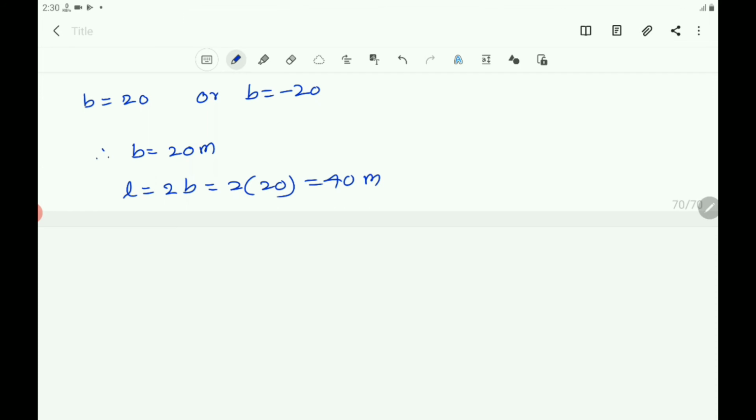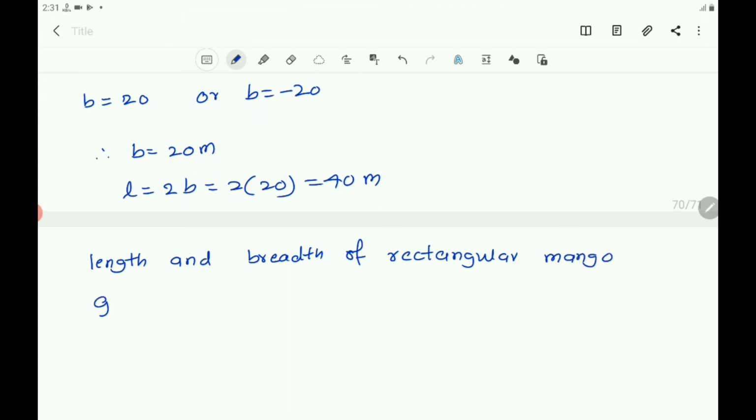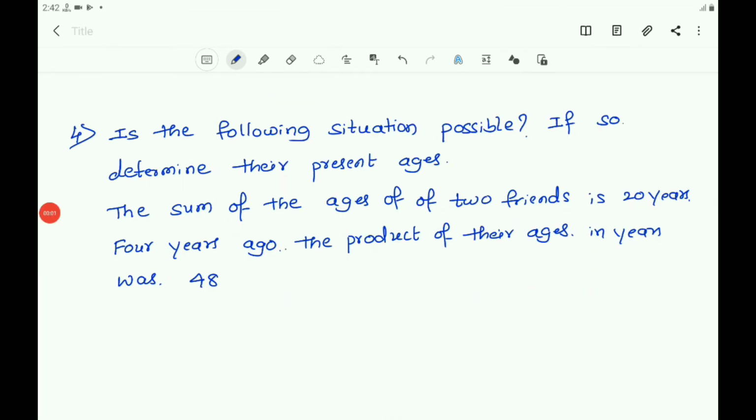Therefore you take length and breadth of the rectangular mango grove is how much? 40 meter and 20 meter respectively.